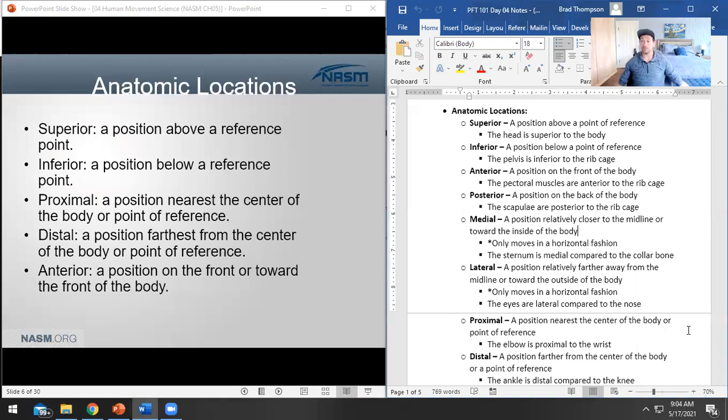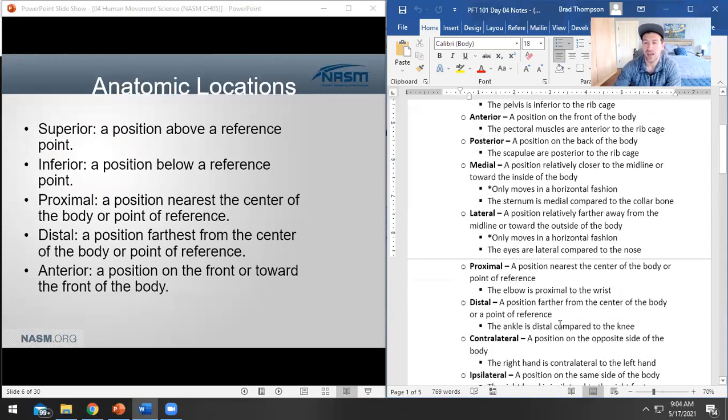So if I cross all the way over like this, I'm still bringing this even further medial. So medial is a position relatively closer to the midline. Lateral is a position that's relatively farther from the midline.